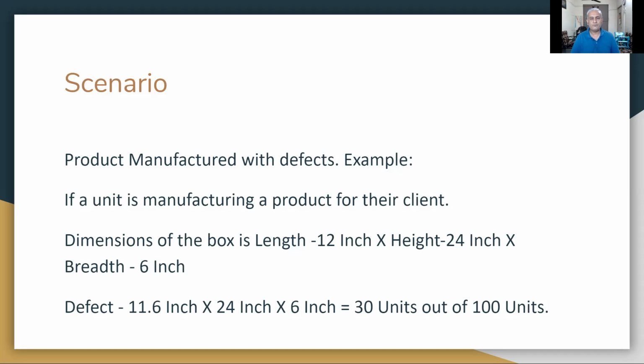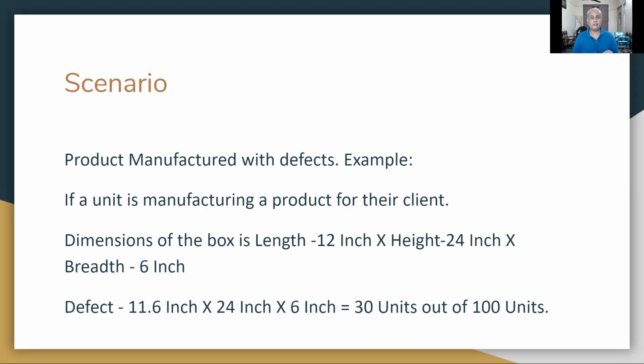So after the production of a certain unit, that is 100 units of these dimension boxes, your quality department identifies that 30 units out of the 100 units are manufactured with a defect. The height and the breadth are adequate, they are as per the client requirements, but the length should have been 12 inches, and the manufactured product is measured as only 11.6 inches.